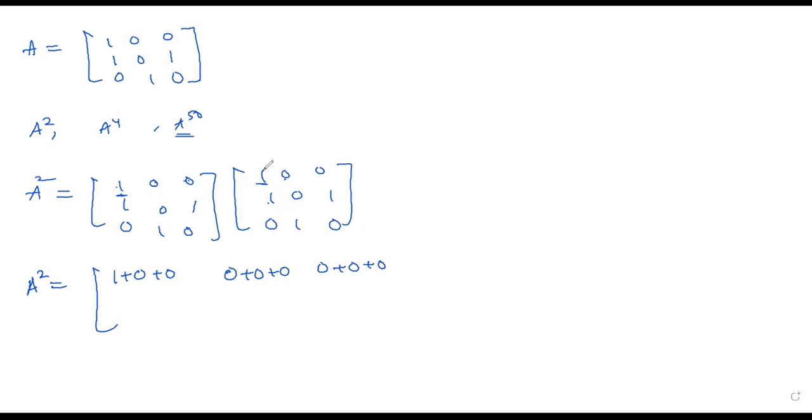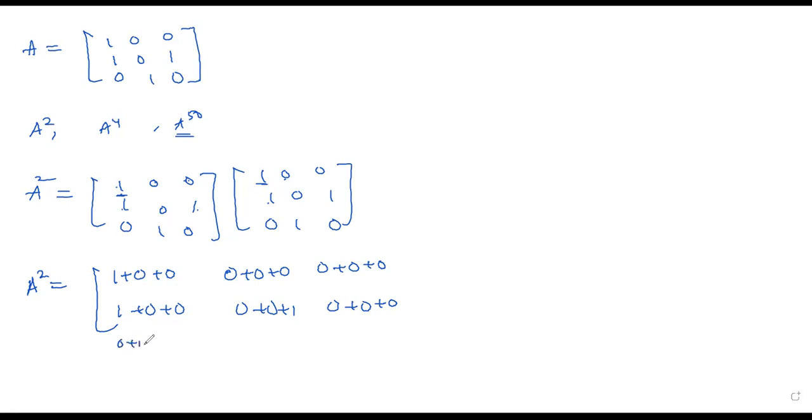Next, second row and first column gives the 2 1 element: 1 into 1 1, 0 into 1 0, 1 into 0 0. Next, second row and second column: 1 into 0 0, 0 into 0 0, 1 into 1 1. Next, second row and third column: 1 into 0 0, 0 into 1 0, 1 into 0 0. Here, third row and first column: 0 into 1 0, 1 into 1 1, 0 into 0 0.